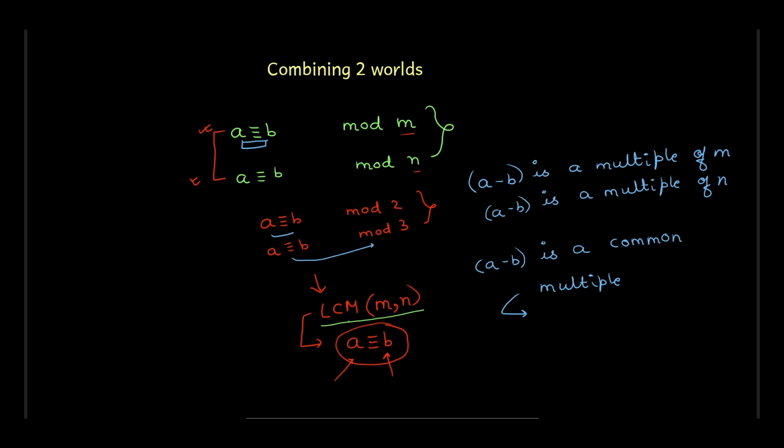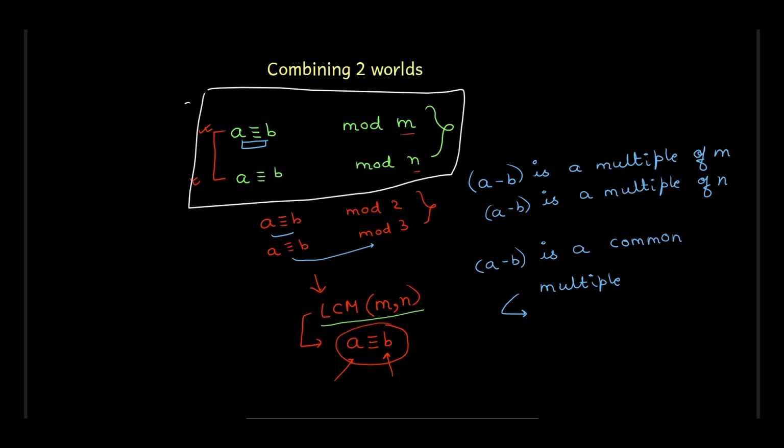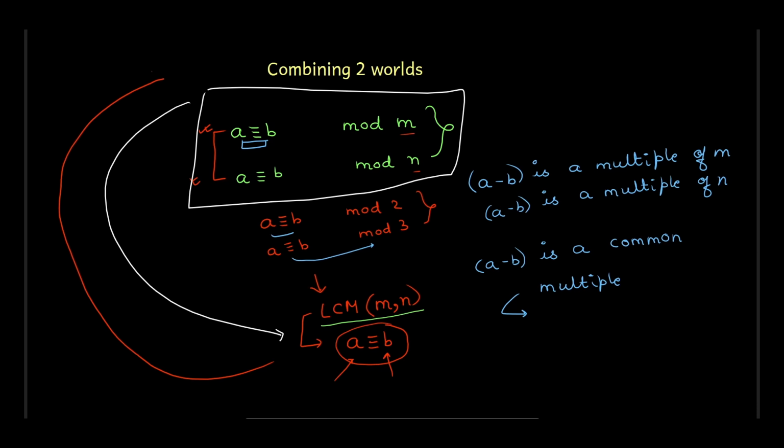Now what is so interesting about this? The interesting part is that we said that if they are equal in the smaller worlds, then they have to be equal in this bigger world of LCM. But actually, the other way around is also true using the techniques that we have already discussed.